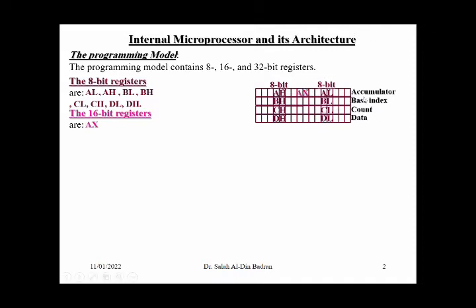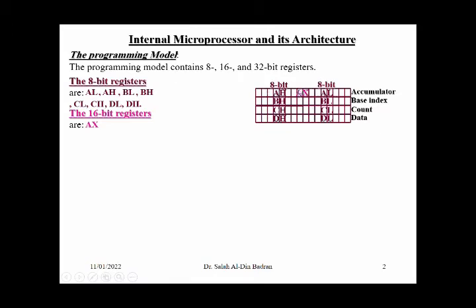So, as we said, the whole accumulator is AX. So what does that mean? It means we can use this accumulator as a 1 byte register, either AL, the lower part of this accumulator, or the higher part, and we can use all of it as 16-bit, 2 bytes.